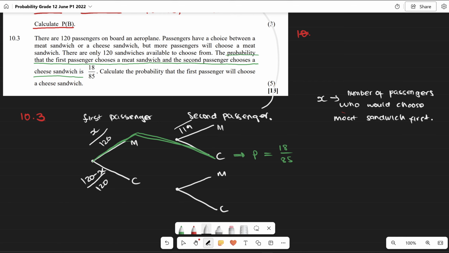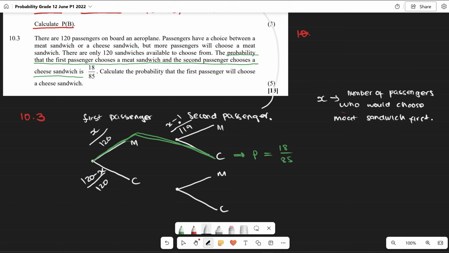If we have 119 people left, how many people are we choosing from, given that the first person has already chosen a meat sandwich? The number has reduced by one also, so we have x minus 1 people who would choose meat.